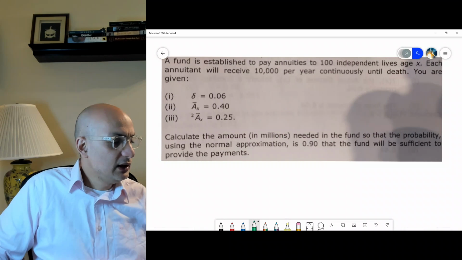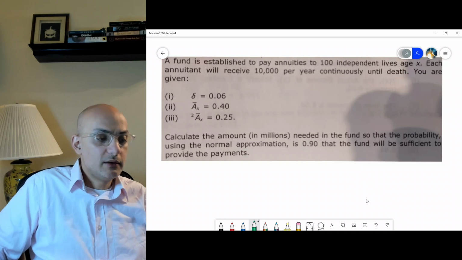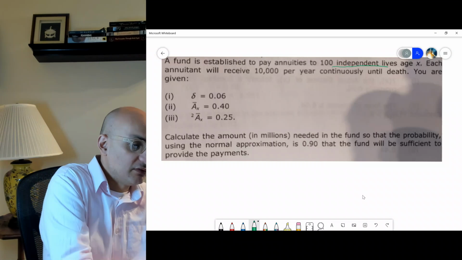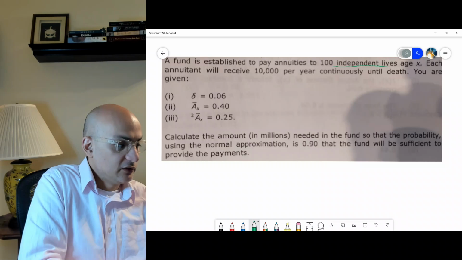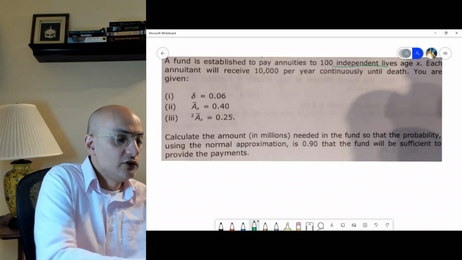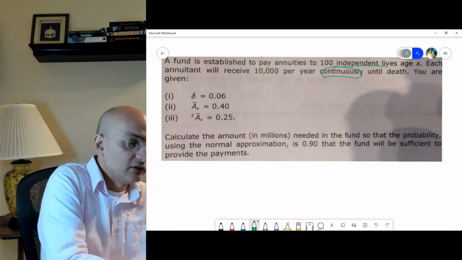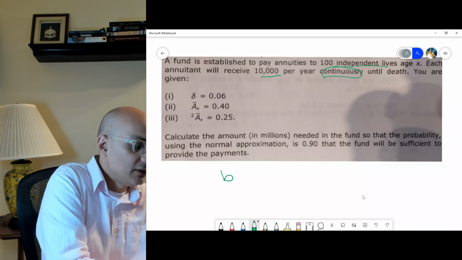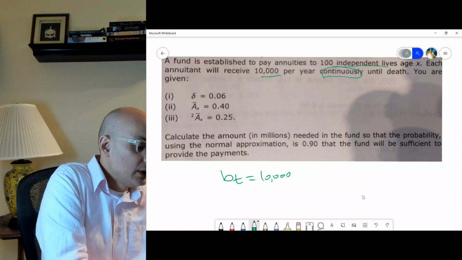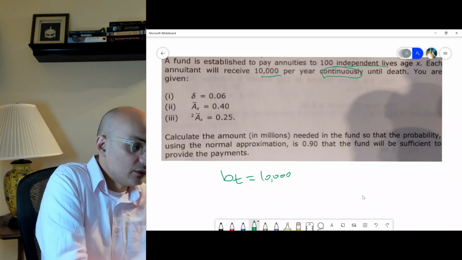So the question here: we have a fund that is established to pay annuity. We have 100, and it's very important to read that, independent lives aged X. Each annuitant will receive 10,000 per year continuously. That's another important piece of information: the benefit amount is 10,000. Now we have the number of individuals, 100 lives.